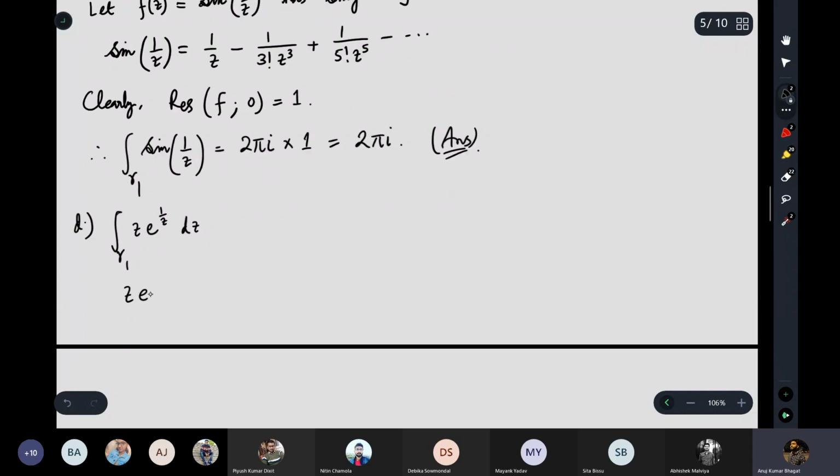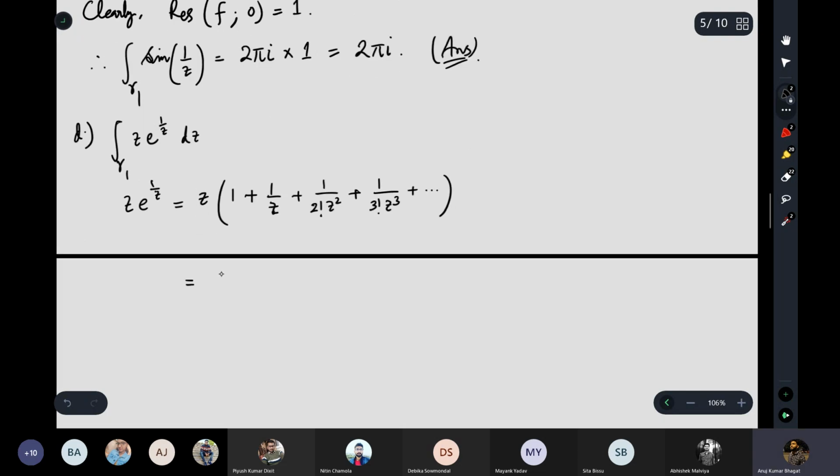If you write down the Laurent series expansion of this, what is e to the power z? It is 1 plus z plus z square by 2 factorial. So replace z by 1 by z. So 1 plus 1 by z plus 1 by z square times 2 factorial, plus 1 by 3 factorial z cube. Now multiply by z throughout.